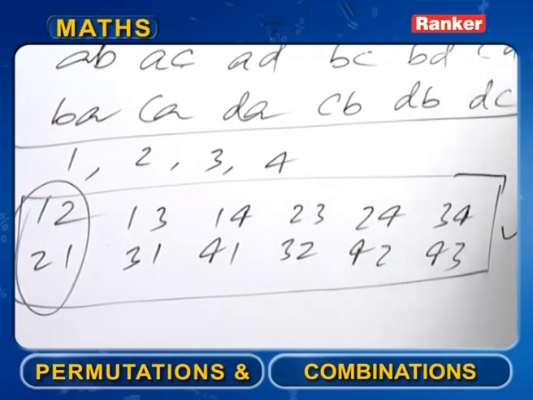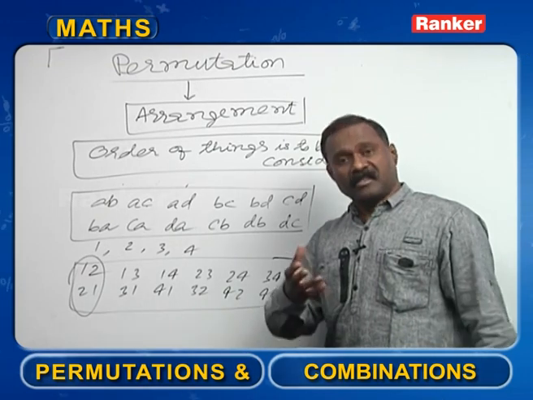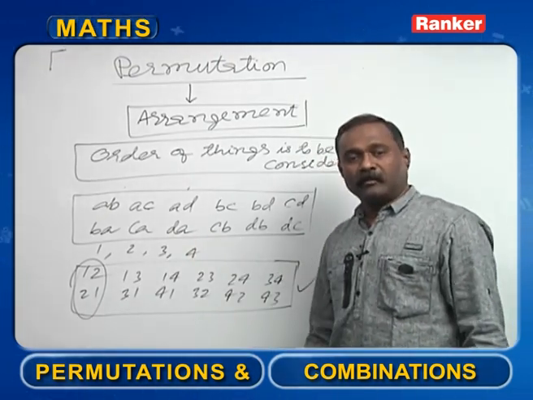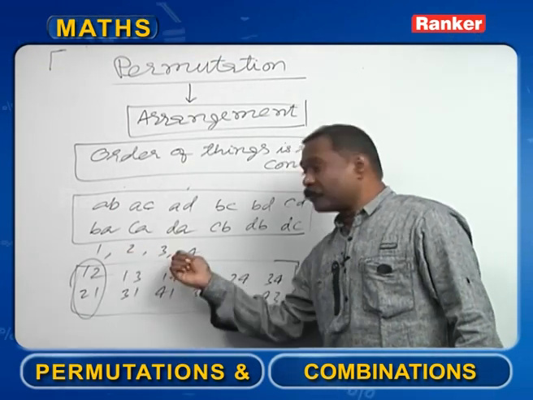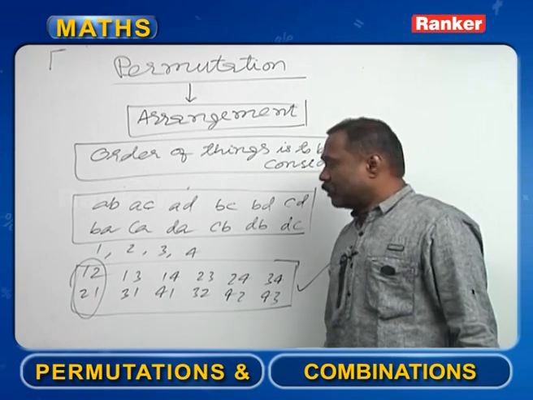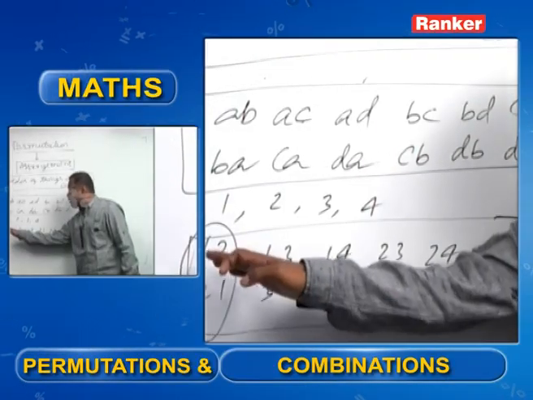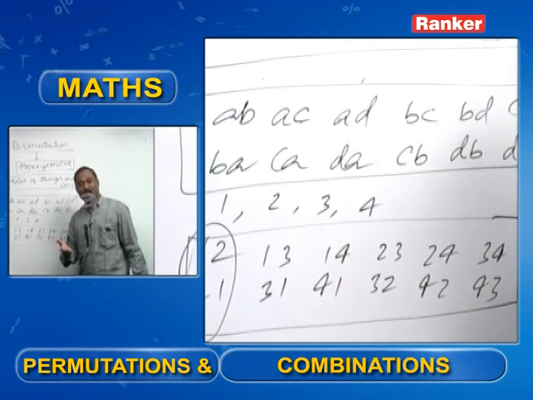But this can also be questioned like this: how many 2-digit numbers can be formed from 1, 2, 3, 4, in which the digits are present in the increasing order of magnitude?